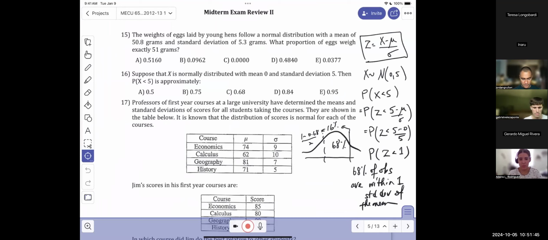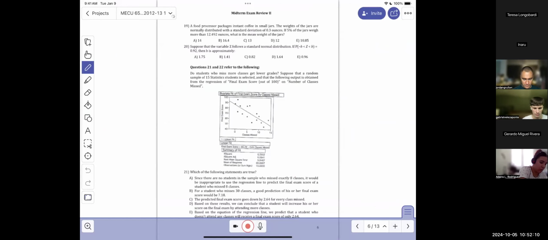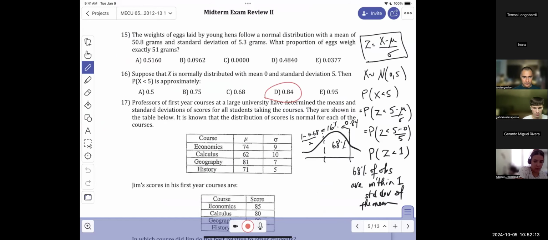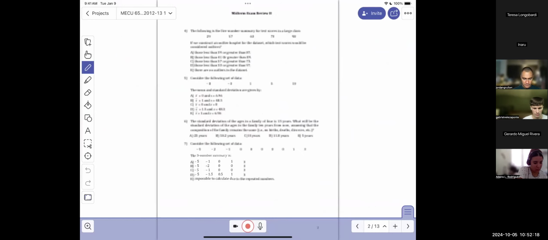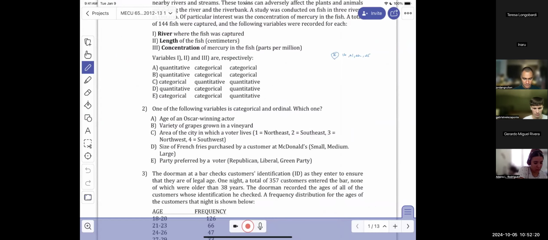So this is going to be 84 to the left, approximately. If I go to the table, I get the same answer. So the answer is D. I hope that's the answer in the solutions for someone to ask me that question. So 16, and what else? Where's my questions? 21, 22, 25. Okay.